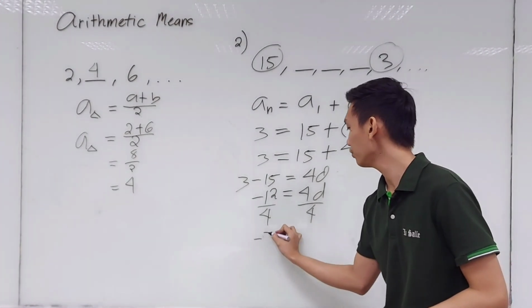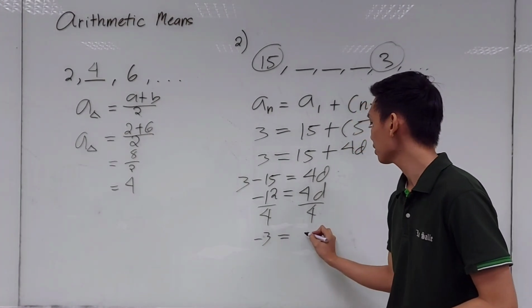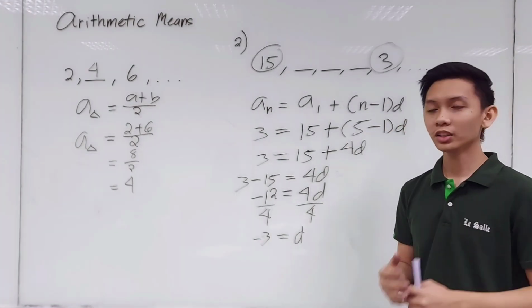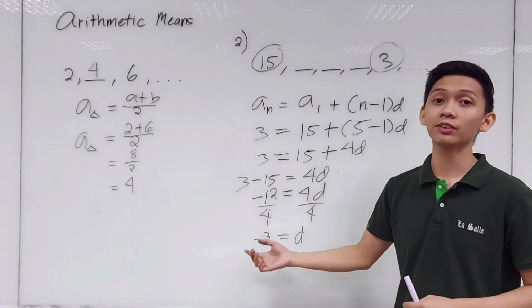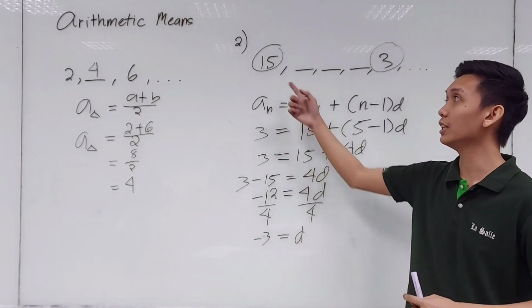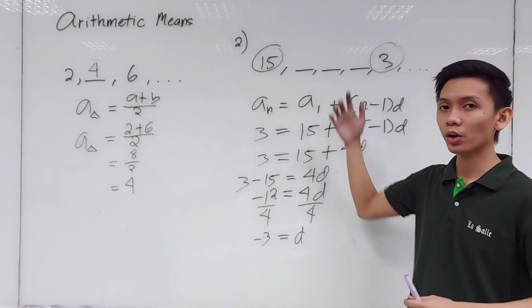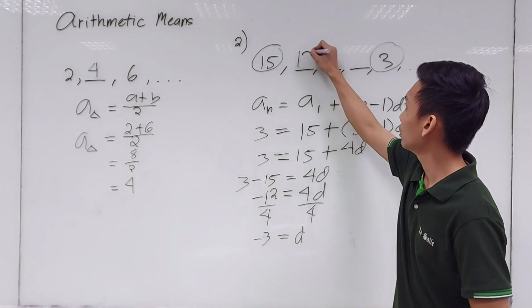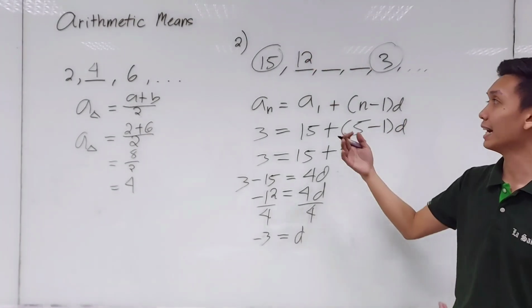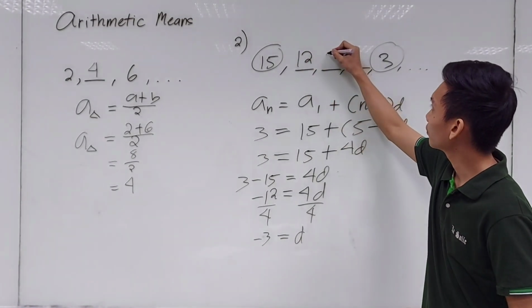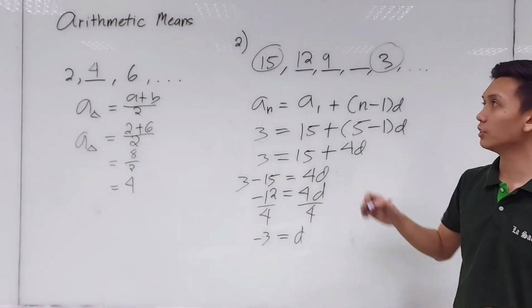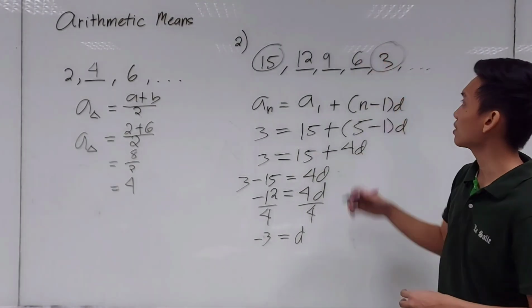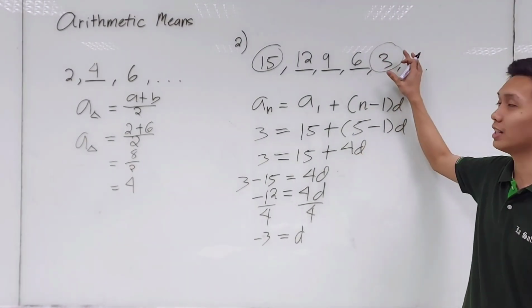Now we have negative 3 equals D. Now that we know the value of D, which is negative 3, we just add the value of D to the first term and so on. 15 plus negative 3 is 12, plus negative 3 is 9, plus negative 3 is 6, plus negative 3 is obviously 3.